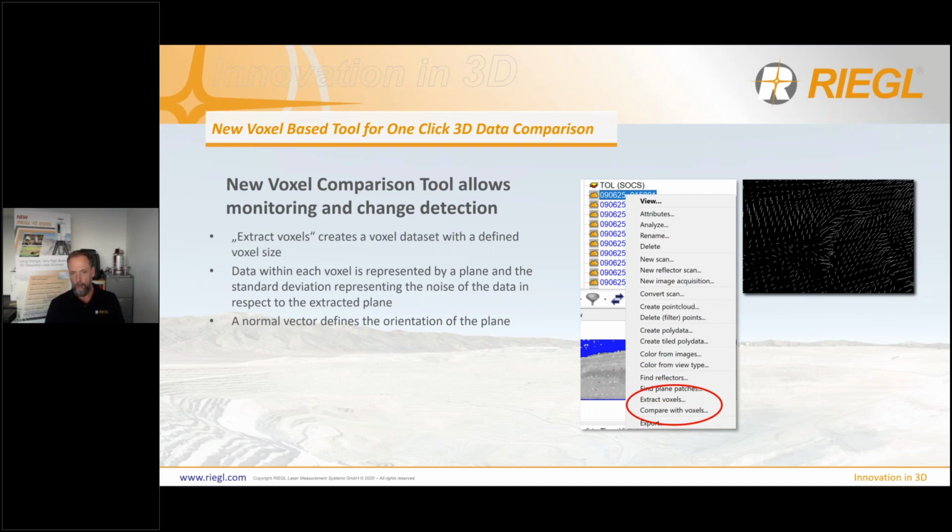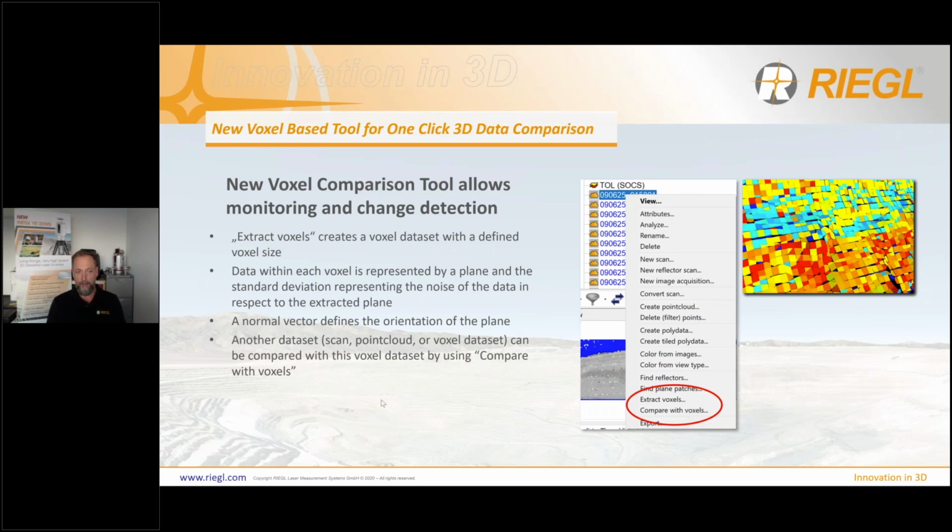And then you have created that voxel data set, and then you click on compare with voxels. So now you select another data set, which can be a scan, a point cloud, or another voxel data set. In this example, we have chosen another voxel data set, and we are selecting compare with voxels.